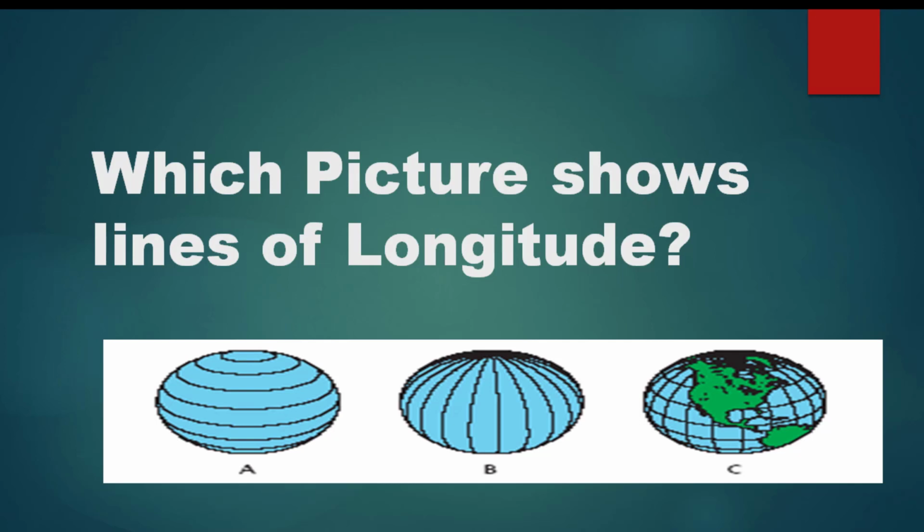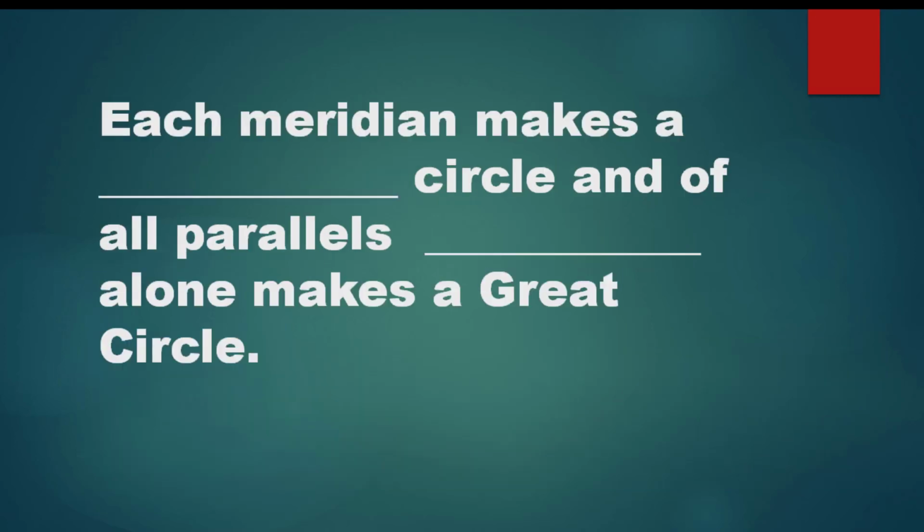Longitude, remember? Yes, B. The vertical lines. Each meridian makes a dash circle, and of all parallels, dash alone makes a great circle. Yes, each meridian makes a semi-great circle, and the equator alone makes a great circle.